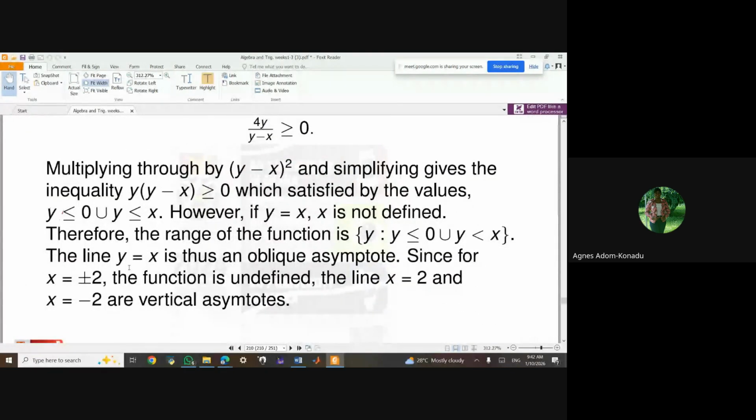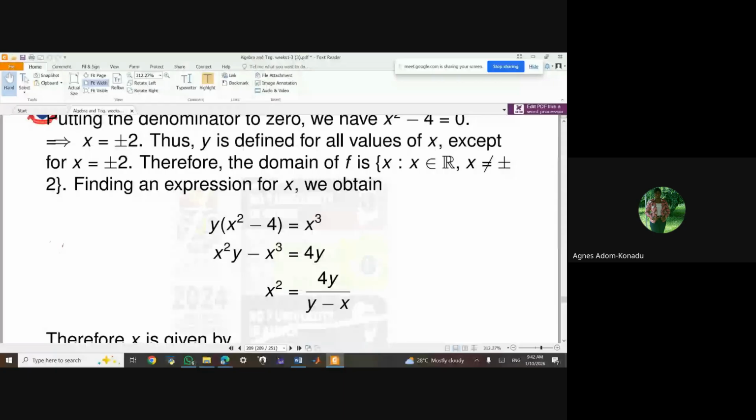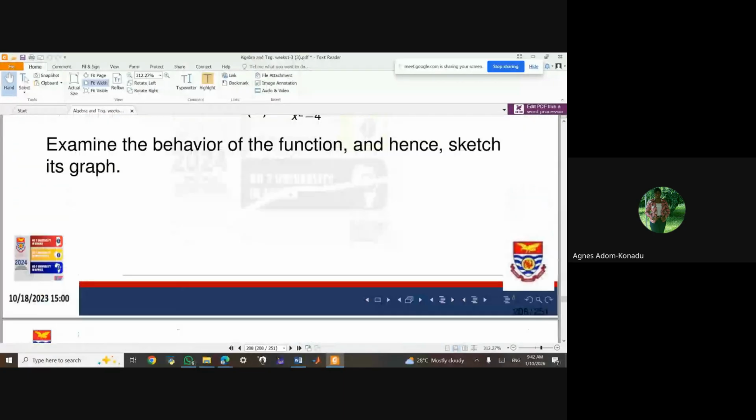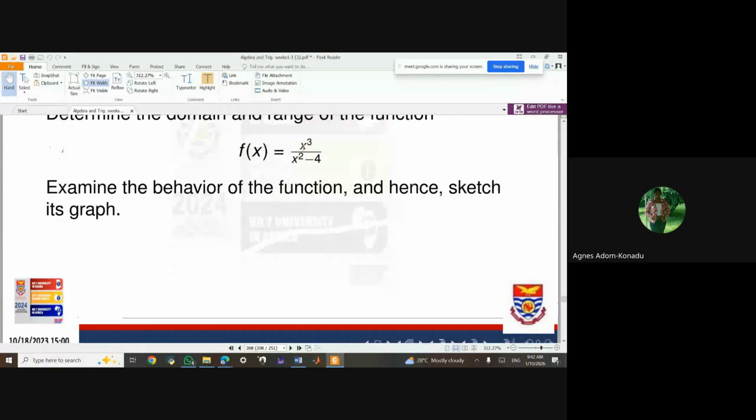Okay. So the line y equals x is thus an oblique asymptote. So please, after finding the horizontal asymptotes, if you realize that the degree of the numerator is greater than the degree of the denominator by 1, when it happens like that, it means that there is no horizontal asymptote. And it means that we can find what we call the oblique or slant asymptotes.